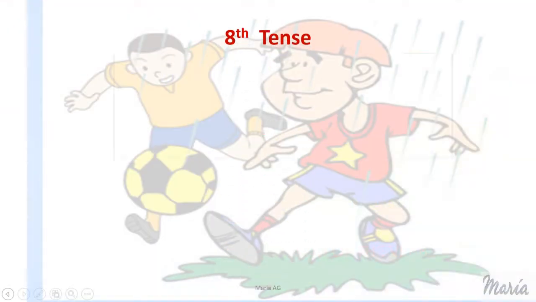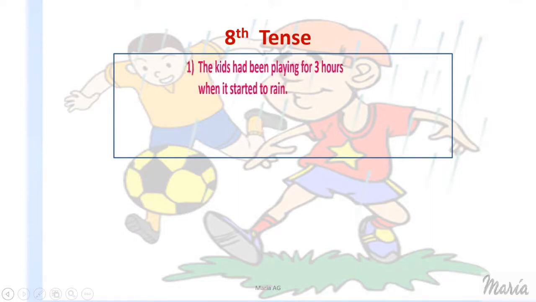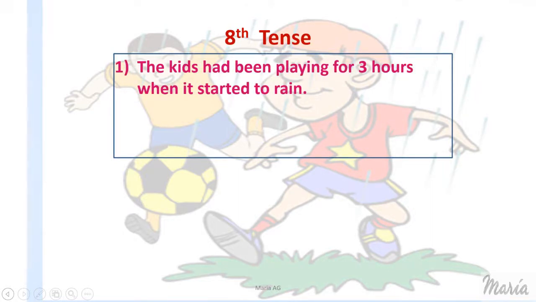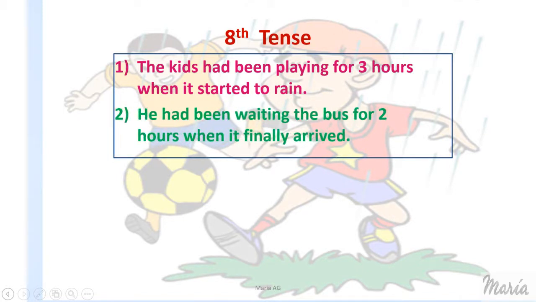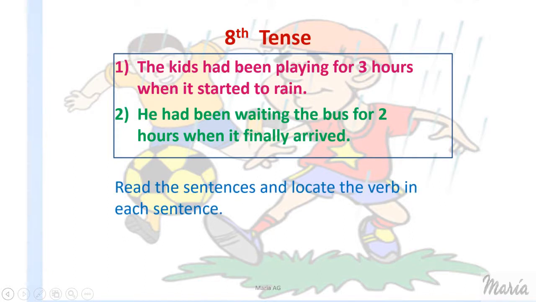Eighth tense. 1. The kids had been playing for 3 hours when it started to rain. 2. He had been waiting the bus for 2 hours when it finally arrived. Read the sentences and locate the verb in each sentence.